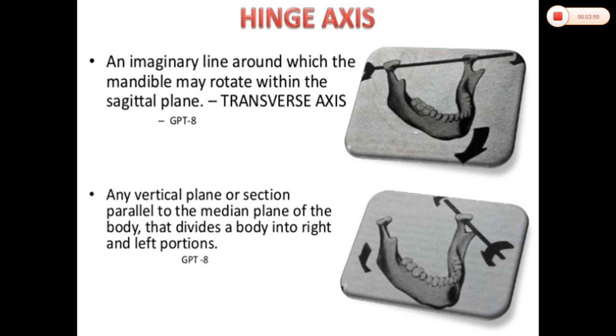That is, the closing and opening movements of the mandible happen around this axis. The relation of maxilla to this axis has to be carried from the patient to the articulator.